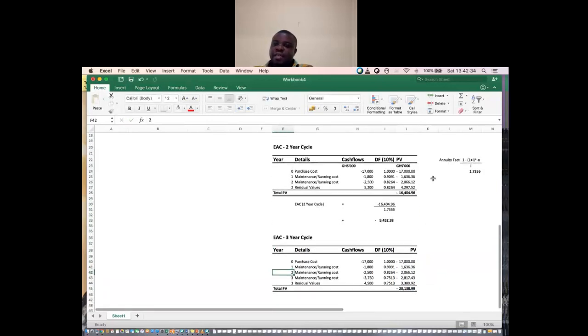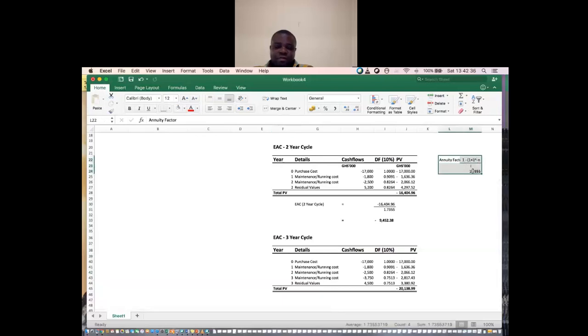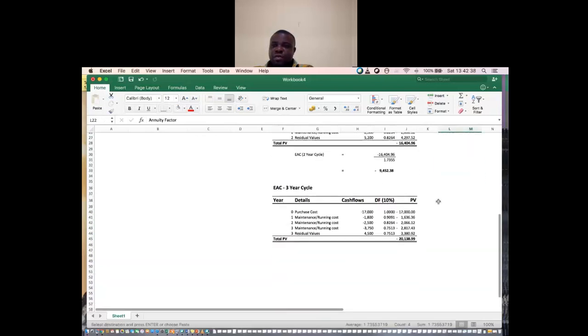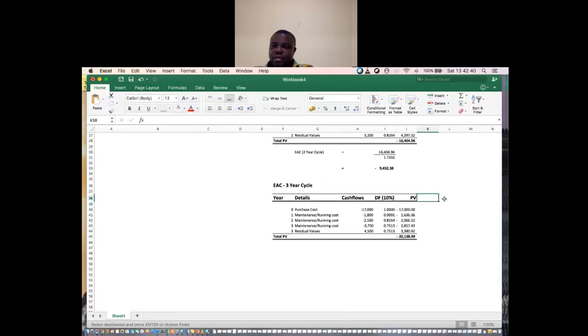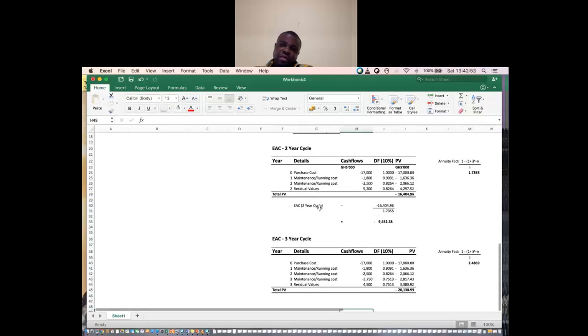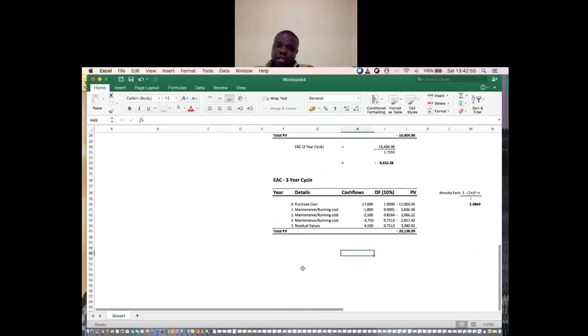Then determine the annuity factor for year 3. So annuity factor for year 3. Here we'll change to year 3. Annuity factor here will change to 3. And so that gives me 2.4 something. So I get my annuity factor.